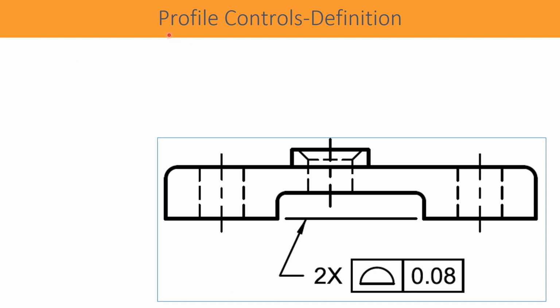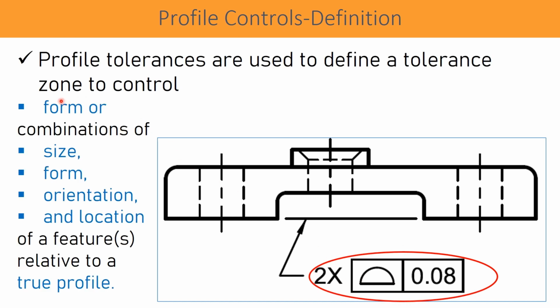Definitions of the profile controls. Profile tolerances are used to define a tolerance zone to control forms independently or the combinations of size, form, orientation and location.